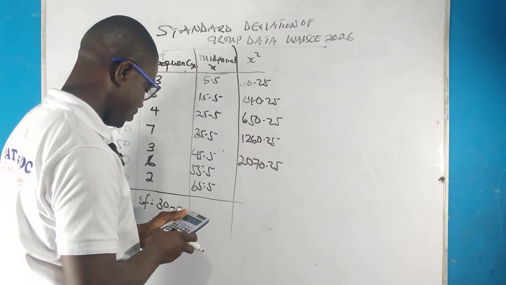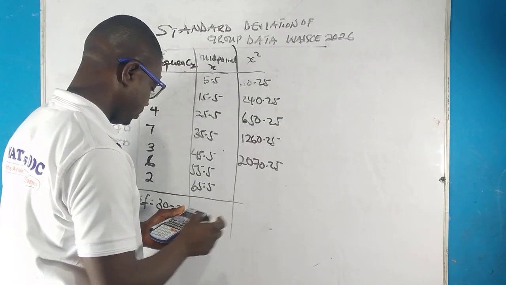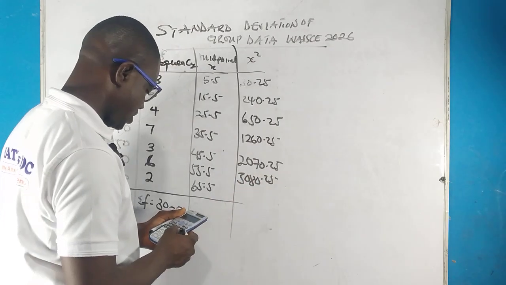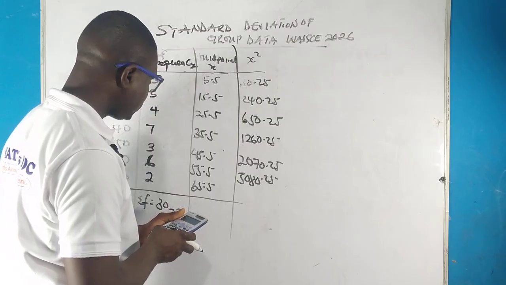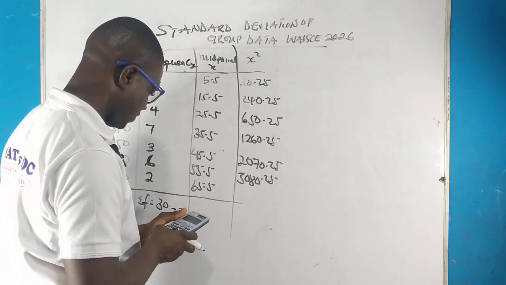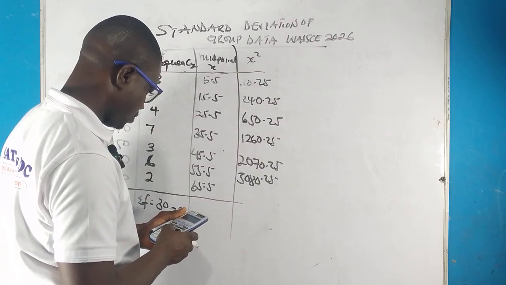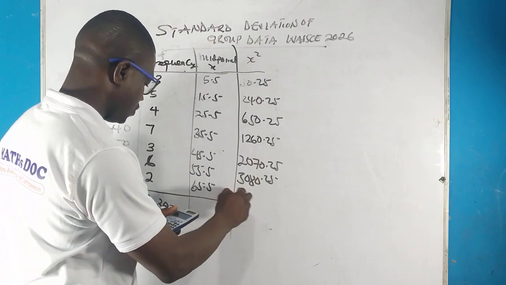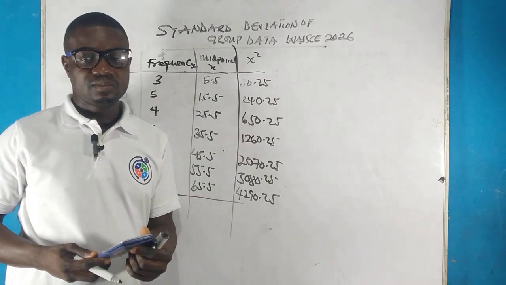Then 55.5 squared will give you 3080.25. And then 65.5 squared will give you 4290.25. So that is it.